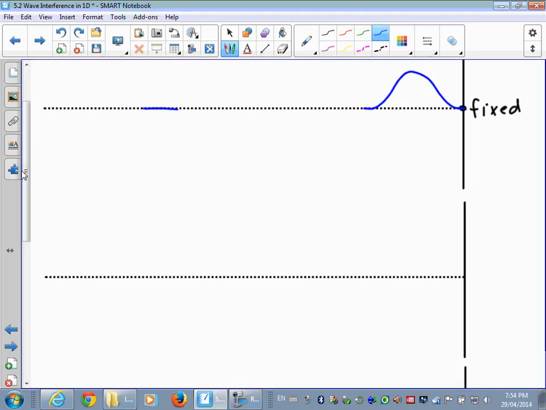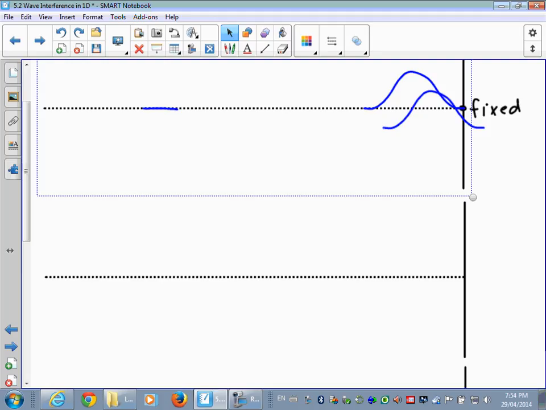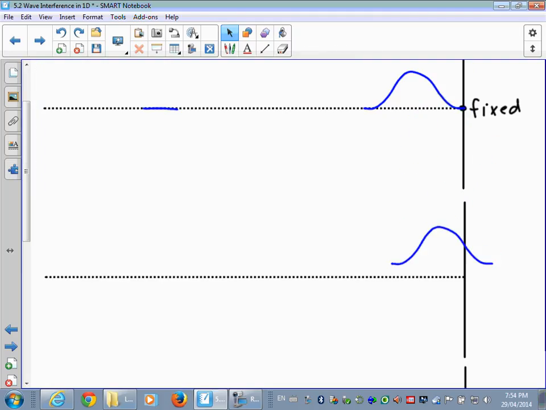Newton's first law: it wants to keep traveling in the same direction. So let's just draw that. In fact, clone. Oops. There we go. And let's say that it wants to keep going. So that's what it would normally look like. But obviously it can't go through the wall.